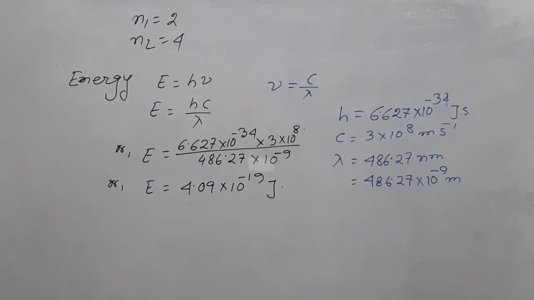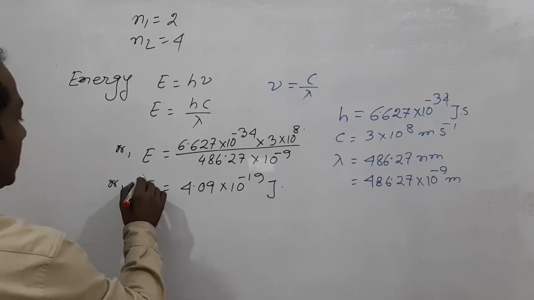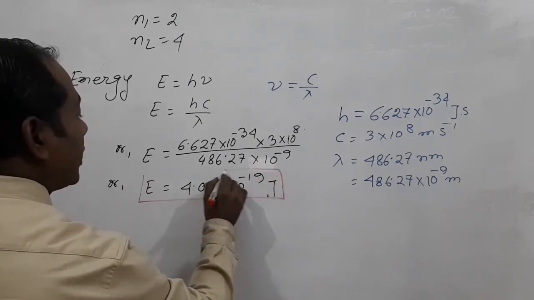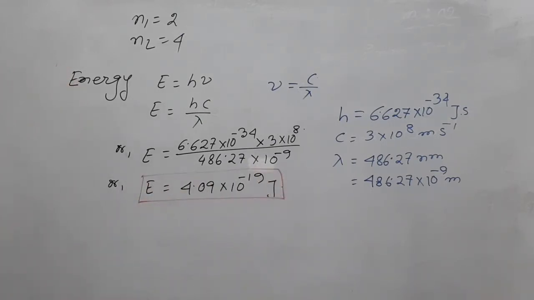So we can say that for the transition, energy is 4.09 into 10 to the power minus 19 joule.